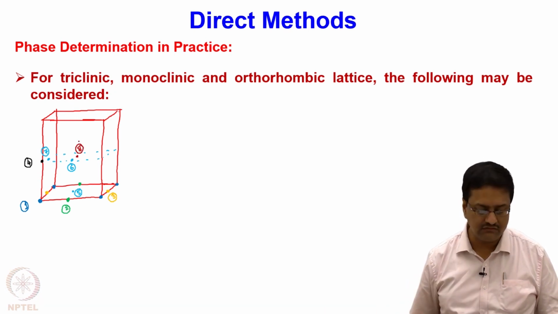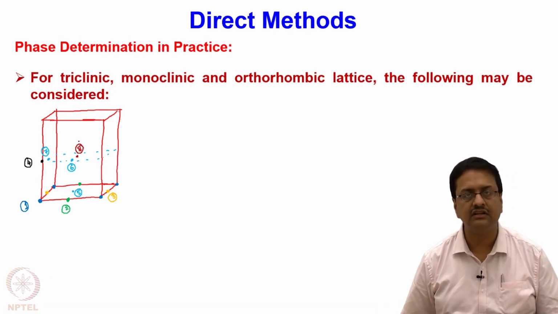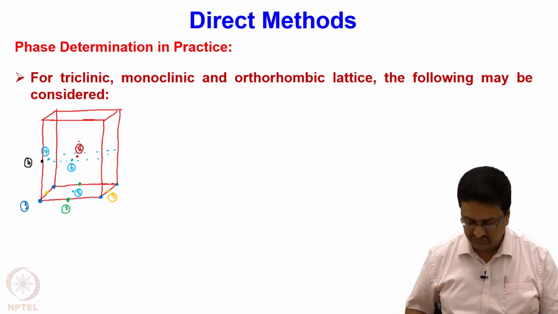So there are 8 inversion centers possible in this orthorhombic unit cell.